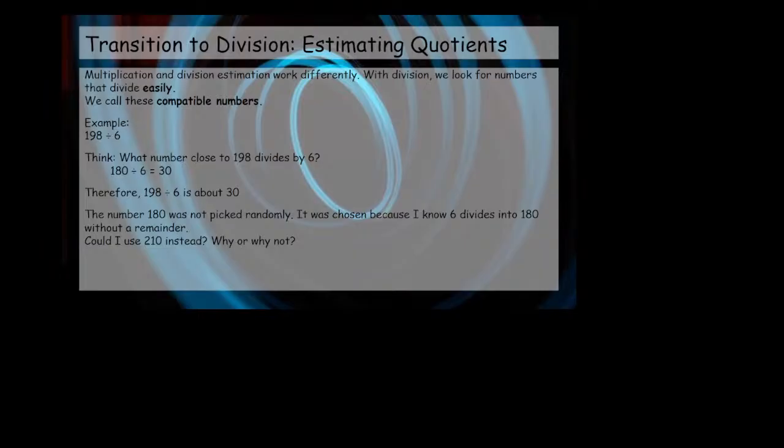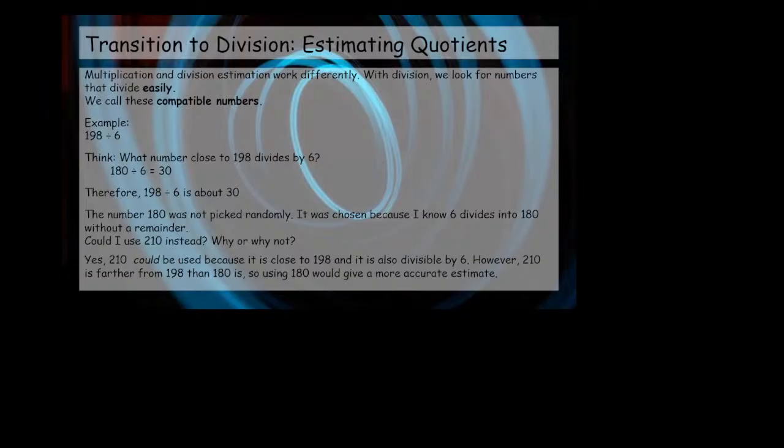Okay, we're going to move on now. I'll tell you the answer. Yes, 210 could in fact be used because it is close to 198 and it is also divisible by 6. However, 210 is farther from 198 than 180 is, so using 180 would give a more accurate estimate.